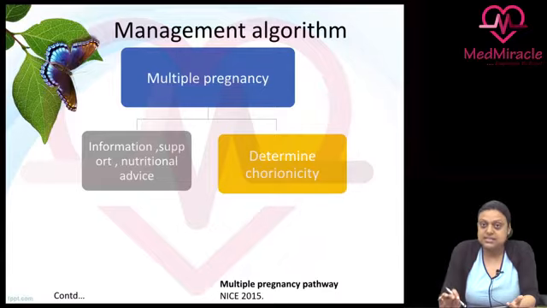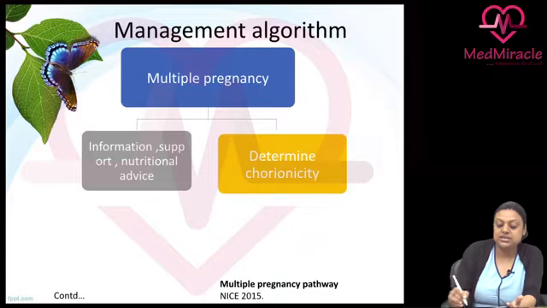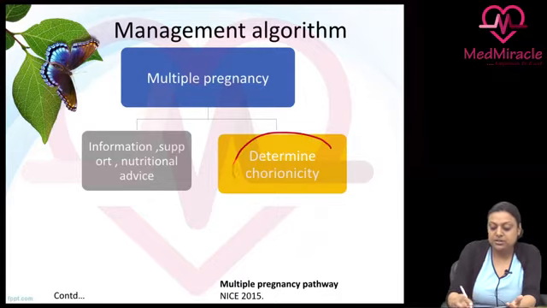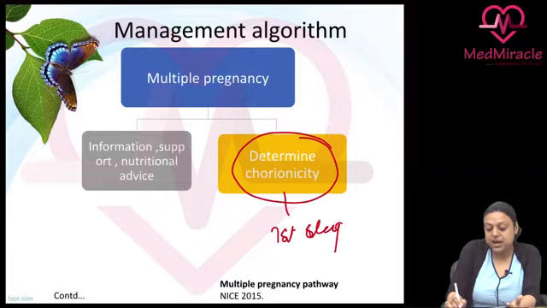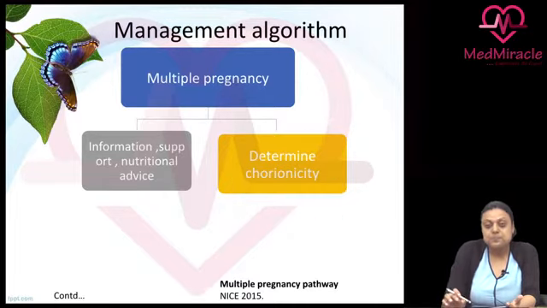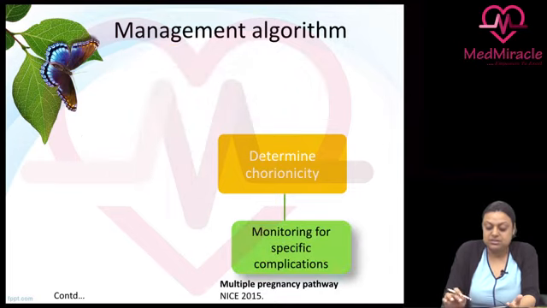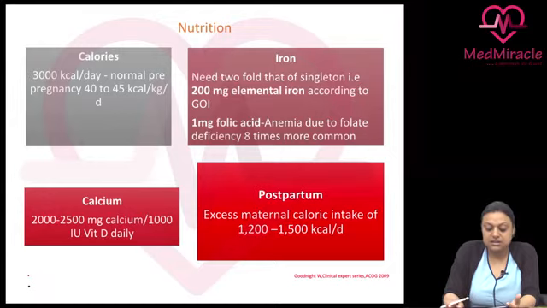So the first thing, as soon as you see it's a twin pregnancy, is to determine the chorionicity. This is the first step. In the ultrasound, you have to mention the chorionicity of the twin gestation, because this will determine the monitoring for specific complications associated with a monochorionic pregnancy.